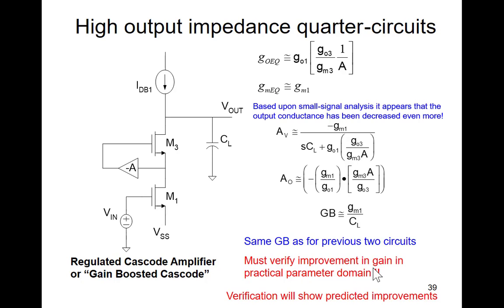Is that good or bad? It just depends. If gain is really important, then maybe you're willing to sacrifice some GB for a given power. So this does not help GB, and it slightly hurts it.